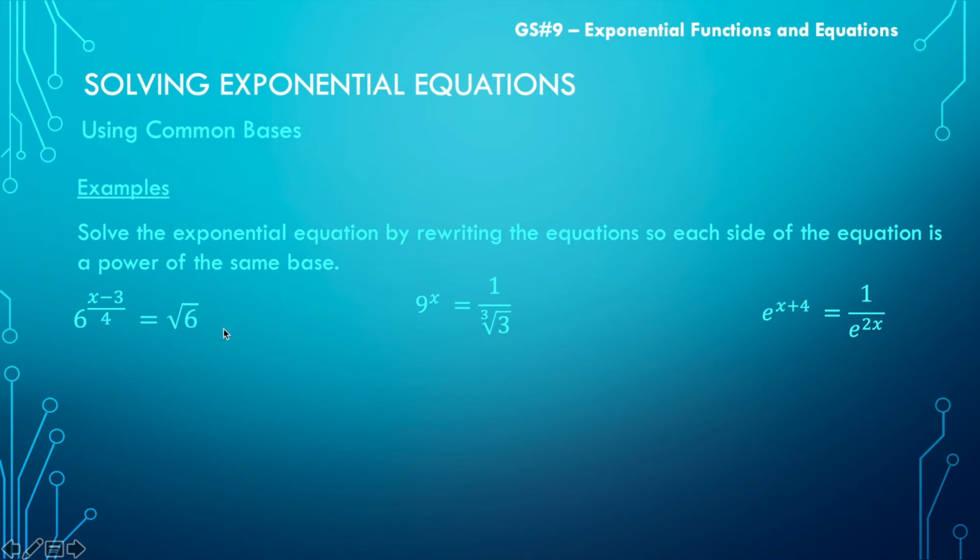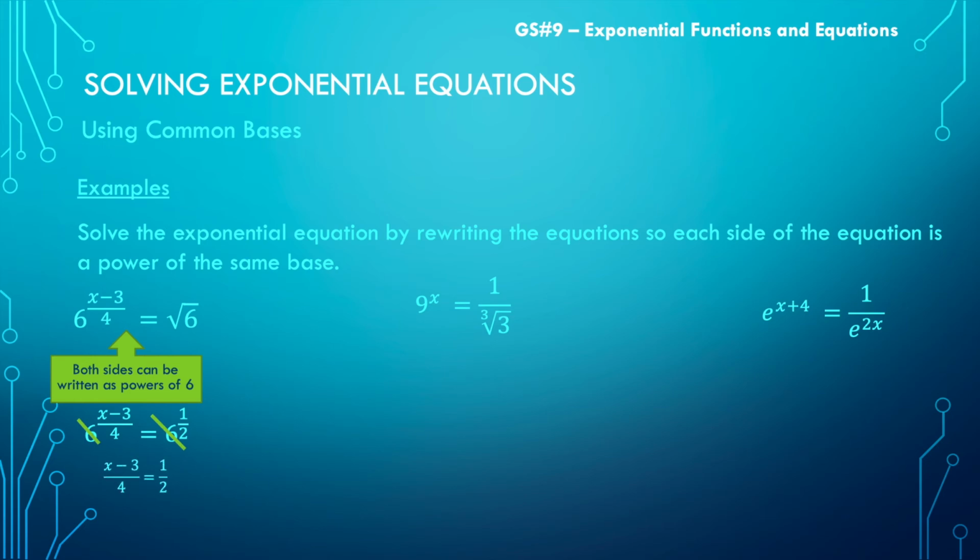And probably some of you remember that the square root of 6 can also be written as 6 to the 1/2 power. So yes, they both can be written as powers of 6. And since both sides now are written as powers of a common base, we can definitely cancel the bases, equate the exponents, and then solve for our variable.